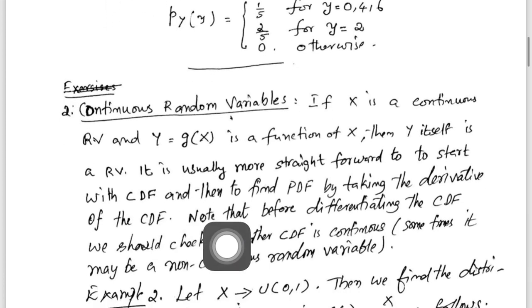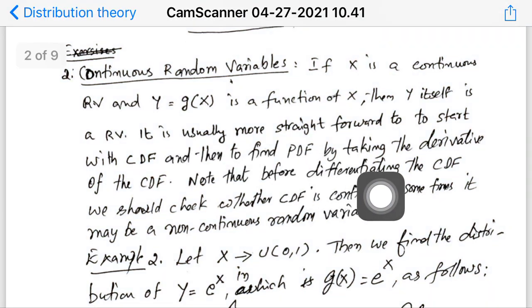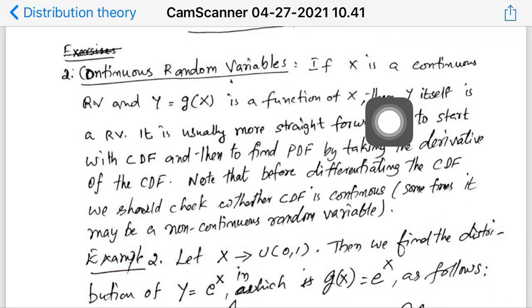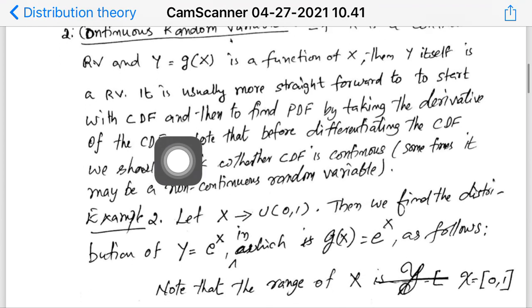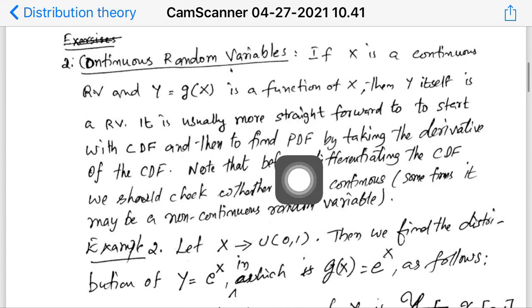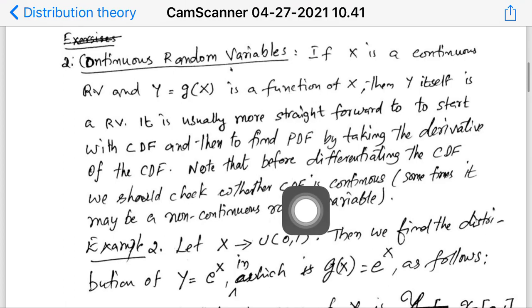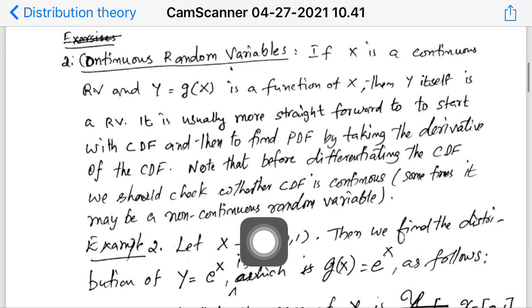Okay, and you can proceed to find the cumulative distribution function of the transformed variable y, and then differentiate that cumulative distribution function. That is a direct procedure. And one more procedure is there that I will discuss in the next part of this lecture.